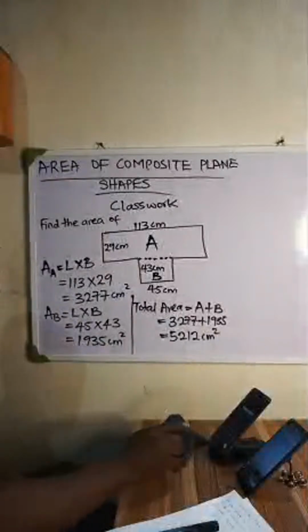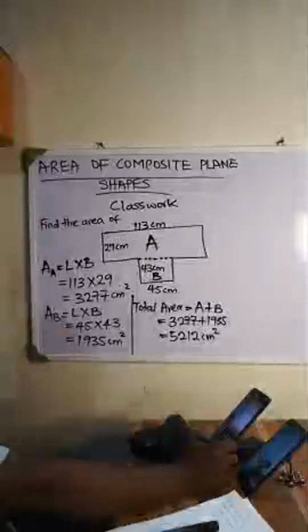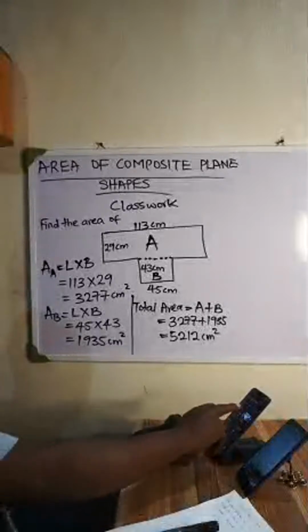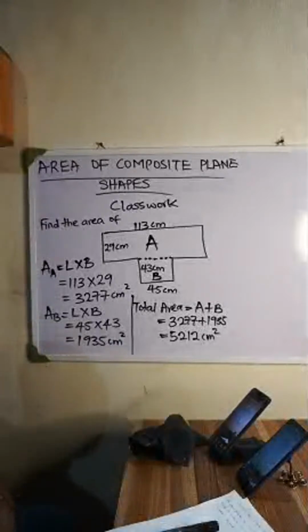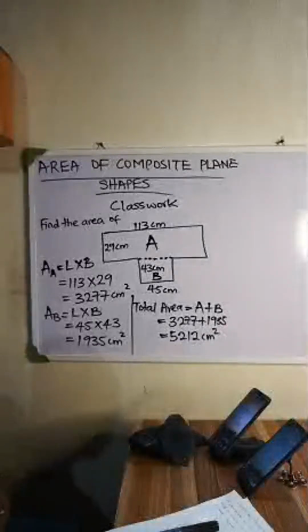So that becomes the correct answer to the question. That's the correct answer. Five two one two centimeter square is the correct answer. Congratulations to everyone who attempted it.